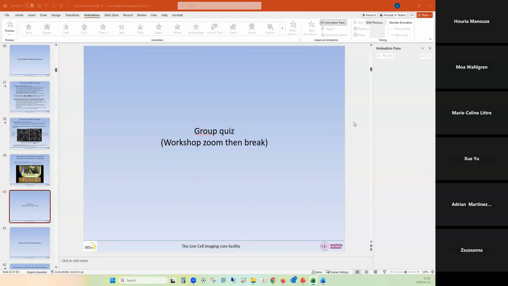But what we do not want is that the mounting medium lifts the cover slip away from the sample. So we would like to have just enough mounting medium so that the cover slip is against the sample. Right? We do not want to have like a big sandwich, a big layer of mounting medium between the objective and the sample. That's what we want to avoid, yeah?